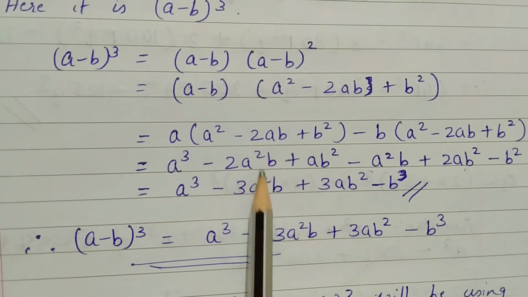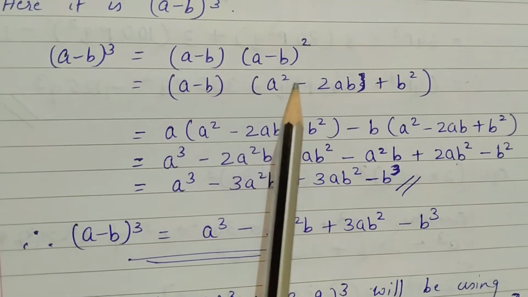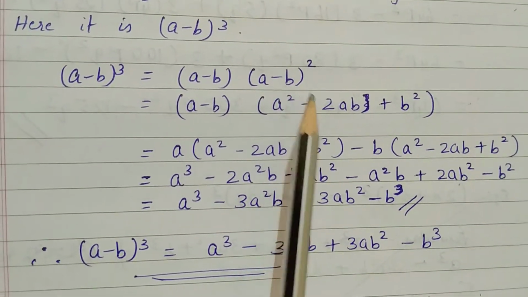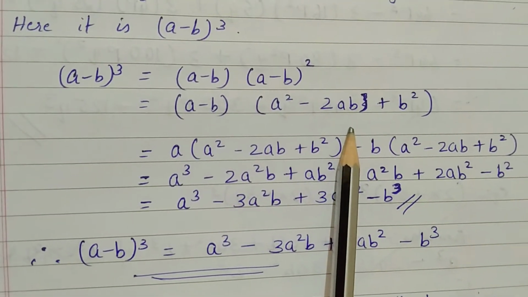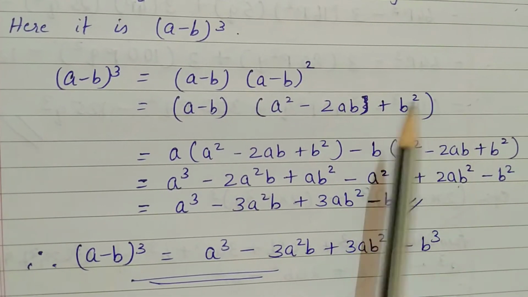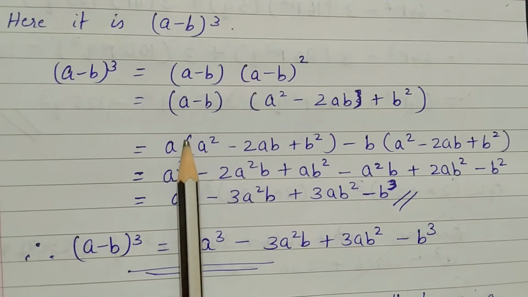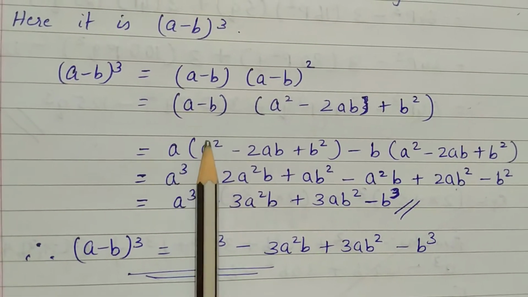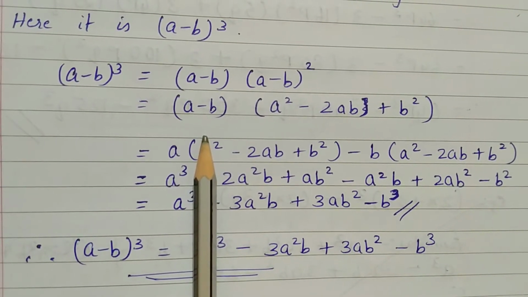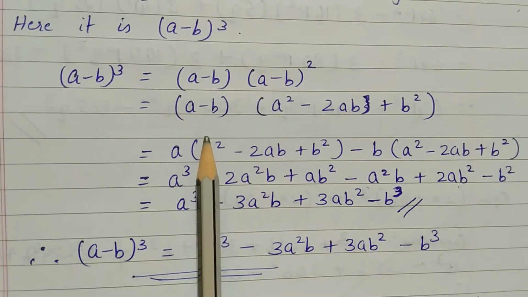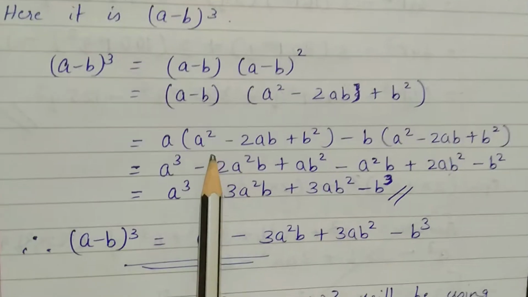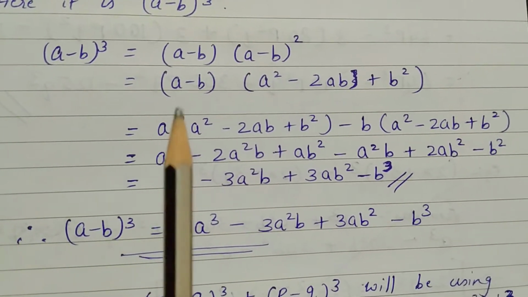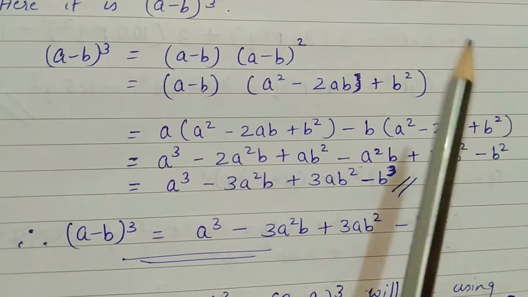So we are putting the formula of (a minus b) the whole square over here. So that will be a square minus 2ab plus b square. Now we are going to use the formula for (x plus a)(x plus b).